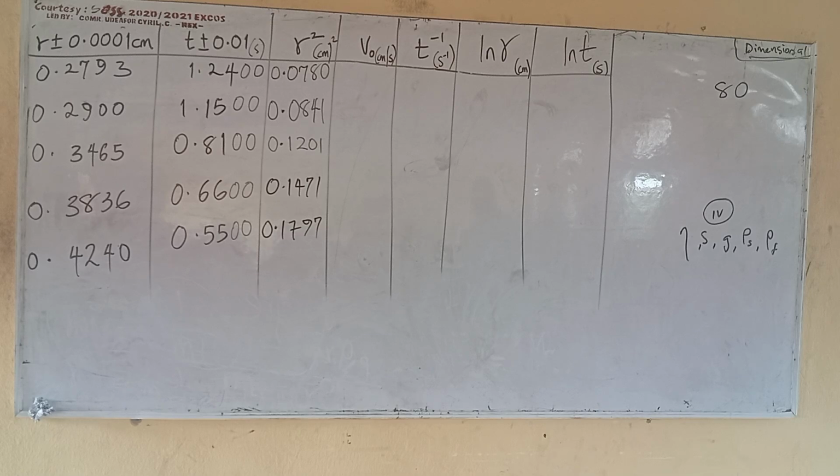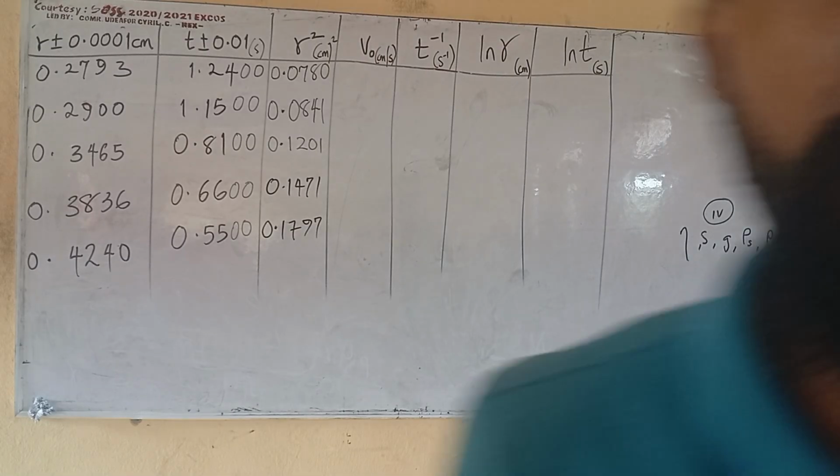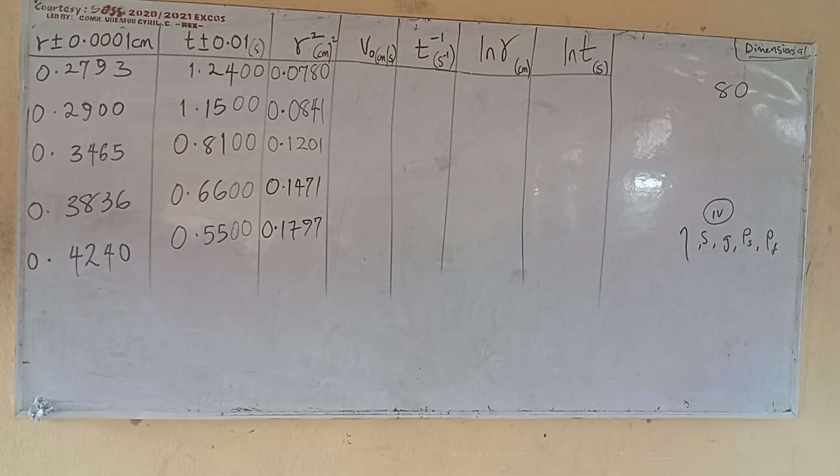Coefficient of viscosity, they gave us 0.29. Then specific gravity, 12.4. Let's check what they gave us here for distance. Okay, 80.0.